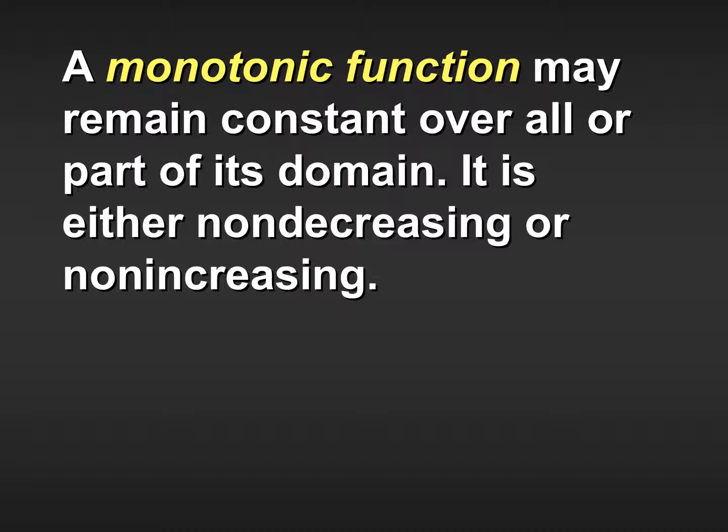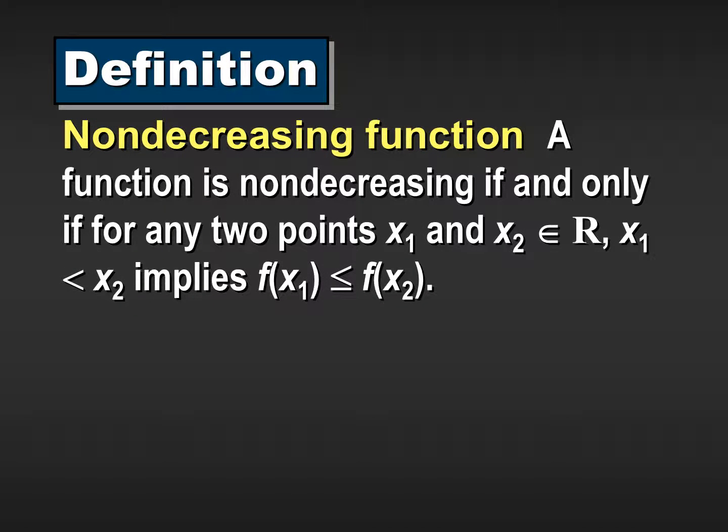And if it's constant, that means it's going to either be non-decreasing or non-increasing. So let's take a look at what those look like. Non-decreasing means that it can be an increasing function, but it can also be constant at some points. The definition looks almost exactly like it does for increasing.